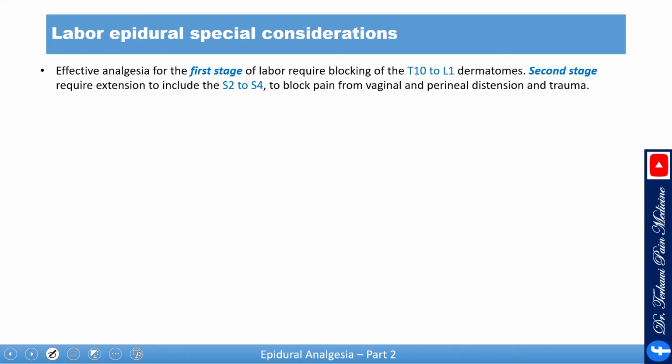But what's important here: for the first stage of labor, you have to cover T10 to L1. For the second stage of labor, T10 to L1 plus extend that to S2 to S4 to cover the vaginal and perineal innervation.